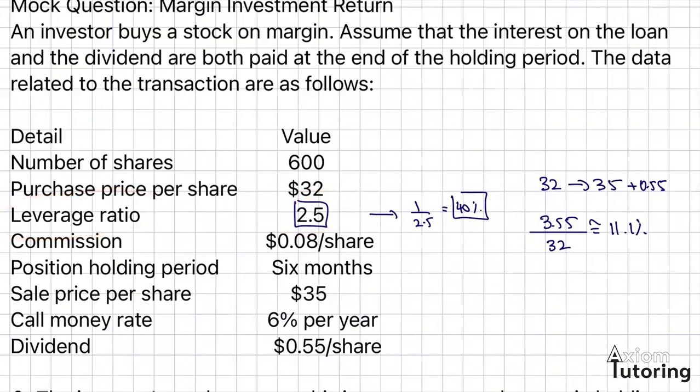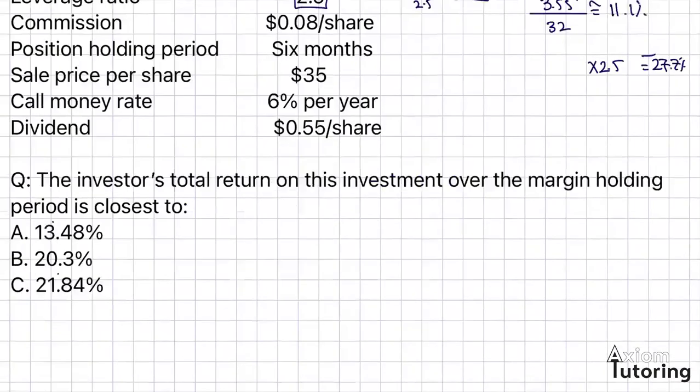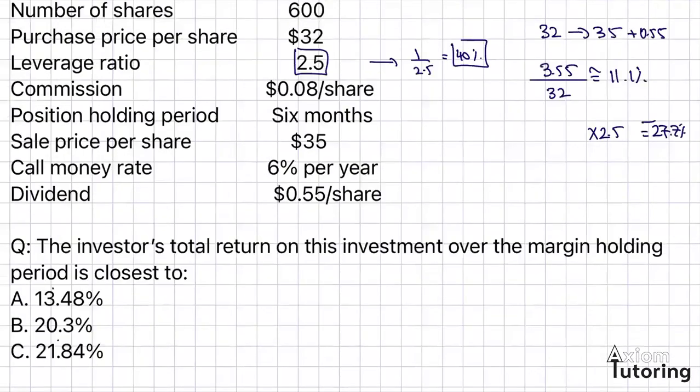So without doing a lot of calculation, I have an upper bound. I multiply this by 2.5 and I get 27.7% approximately.